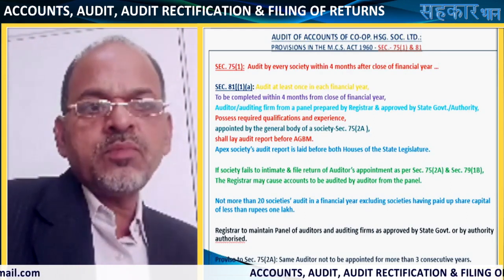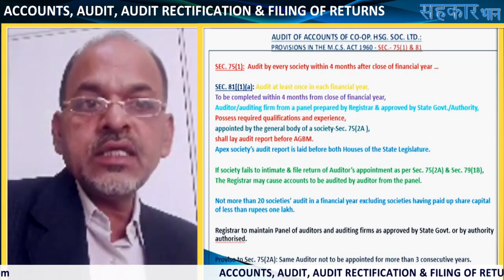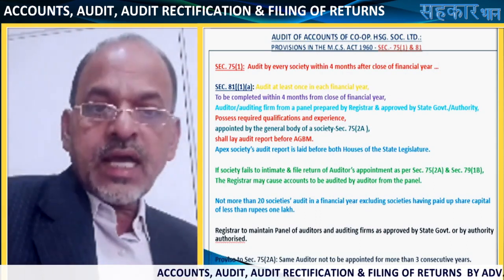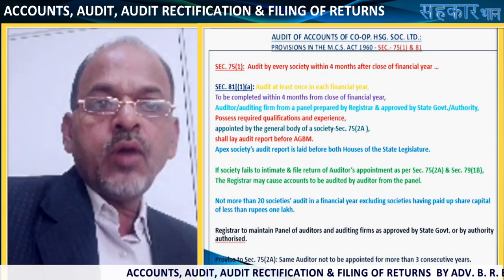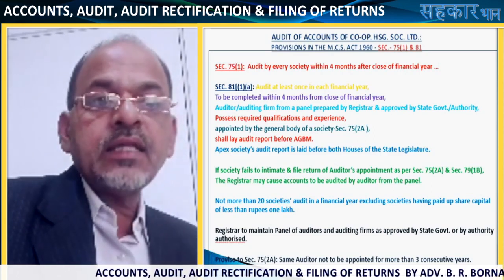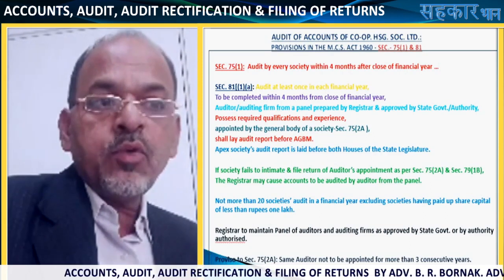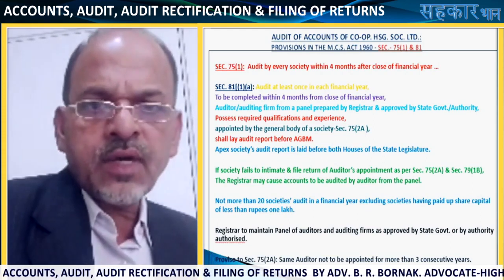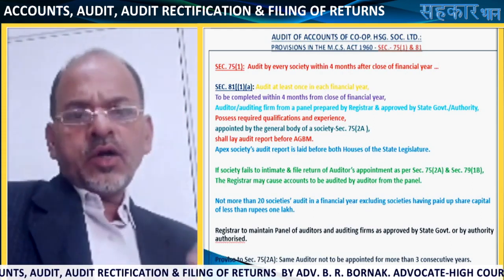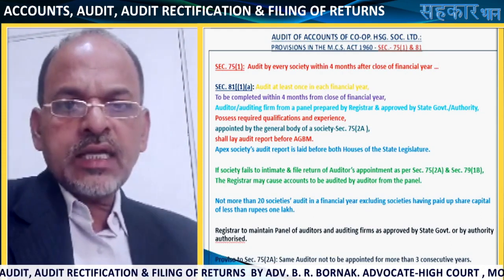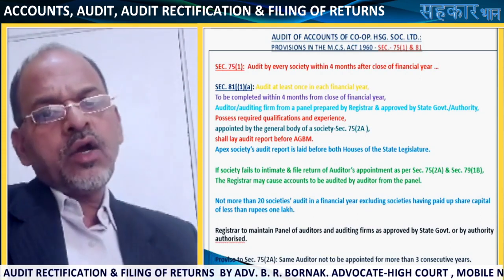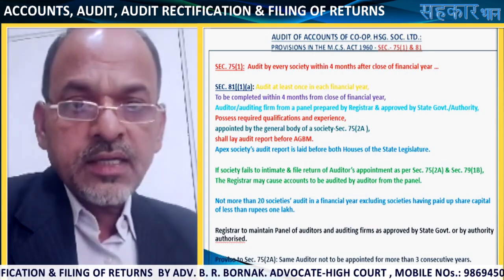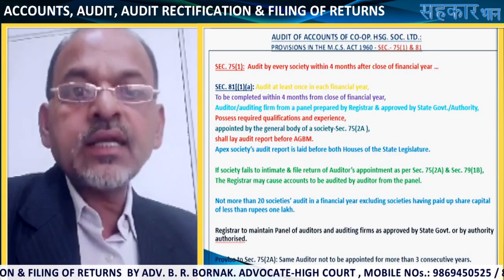The auditor or auditing firm to carry out the audit must be appointed from a panel prepared by the registrar and approved by the state government or other authority authorized by the state government. Here the statutory auditor appointed by the society, that auditor or auditing firm, must be on the panel of auditors, the panel which is prepared by the registrar and approved by the state government or authorized authority of the state government.